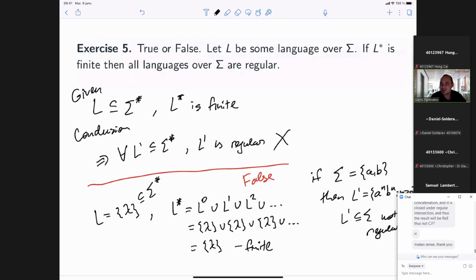Just because you have some language whose star is finite doesn't mean that every other language is regular. So you have this corner case whose L star is always finite, and it works for any sigma. And for sure, there are other languages which are non-regular. So you learn no information about other languages by this given information. Okay, any questions about this?